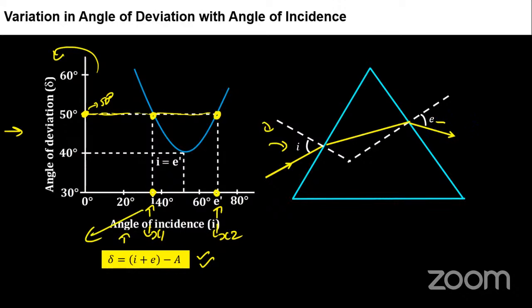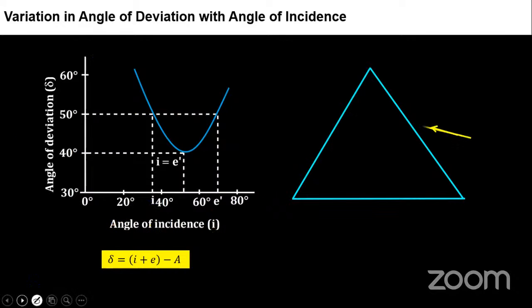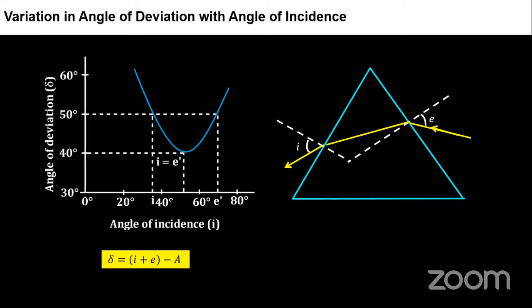If you keep that E angle and pass a ray from this side, again it will show you the same picture. If you start with angle of incidence as E, it will give you I as E here. So these both are same, vice versa. So for both of these, you're getting the same angle, 50 degree of deviation.